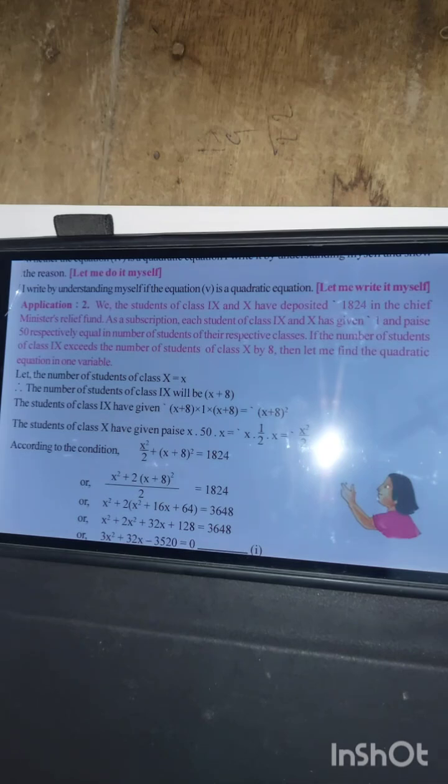If the number of students of class 9 exceeds the number of students of class 10 by 8, let me find the quadratic equation in one variable.